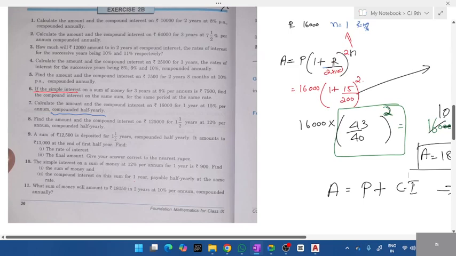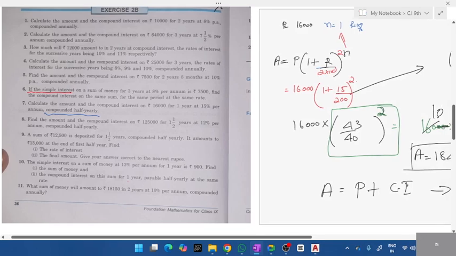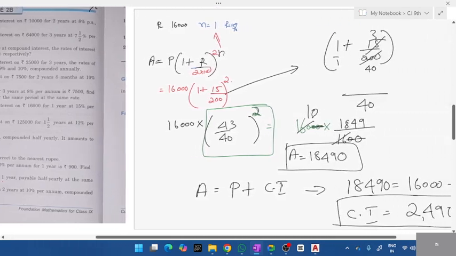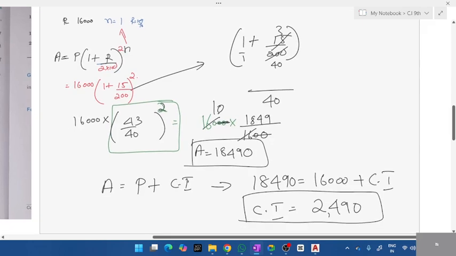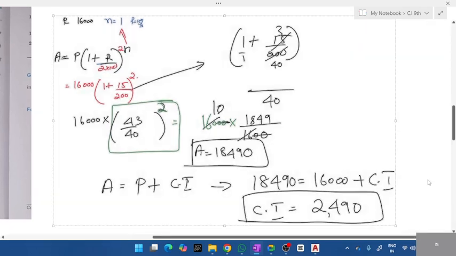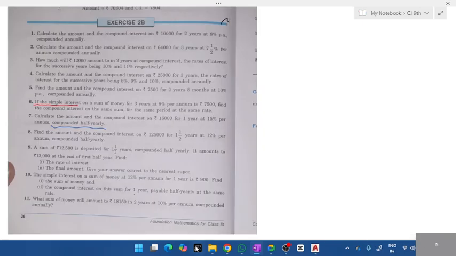For half year, you just divide r by 2 and multiply n by 2. That's it. All of you are done? Bhargavi completed. Ananya, 2490. The next one I'll give for homework, students, but I need you all to tell the value.